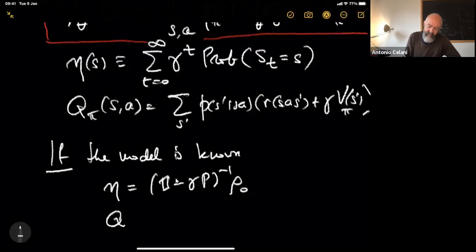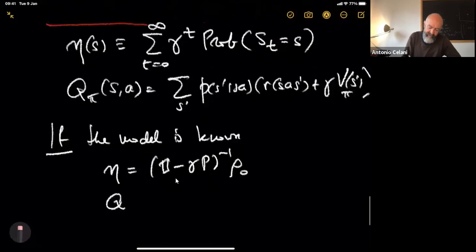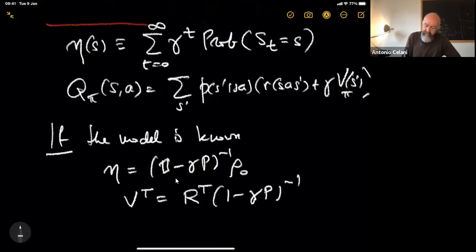So first of all, we could compute the value, which is a row vector, which we can write as R transposed times (1 minus gamma P) to the minus 1.